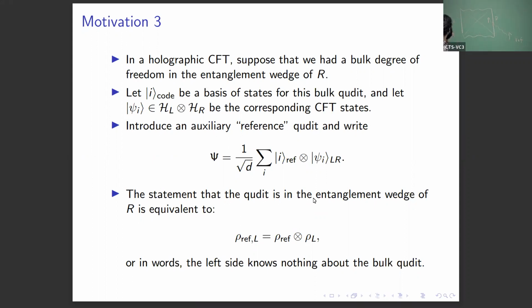Basically, the idea of this construction is that this reference system is supposed to be a sort of tag for this bulk qubit. No, this is what is called the decoupling principle in quantum error correction.